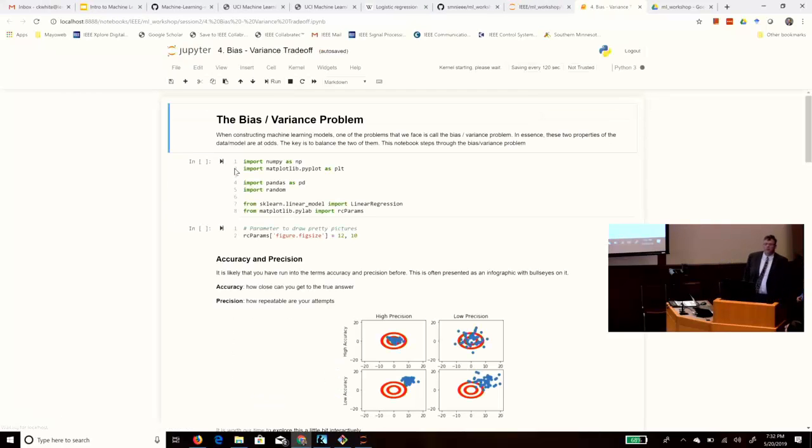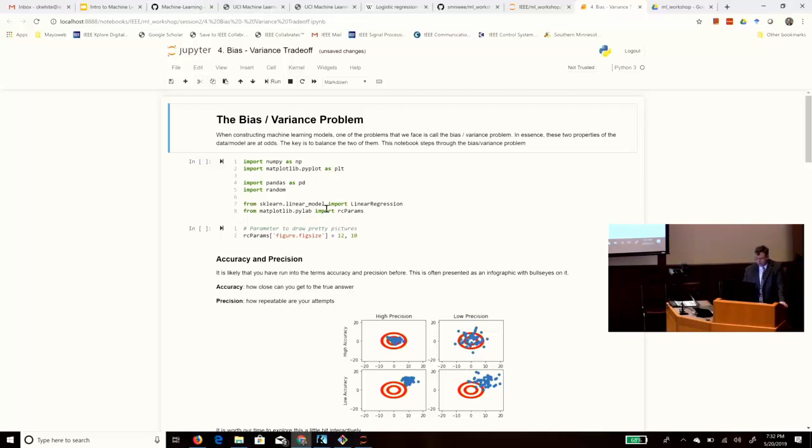Okay. So I'm going into notebook number 4. This is the bias variance problem. In this, we're going to go from some interactive stuff, and then there's going to be math, and you're going to get really angry and pull your hair out, and then we're going to ignore that and go back to interactive stuff, okay? So just bear with me.